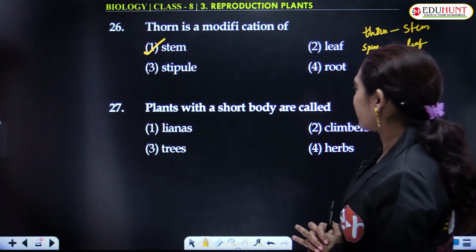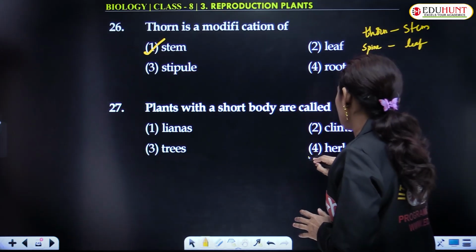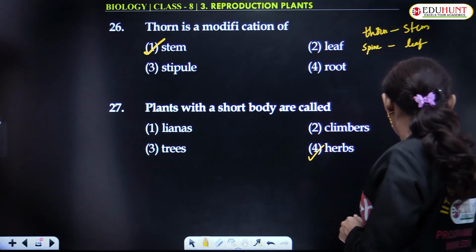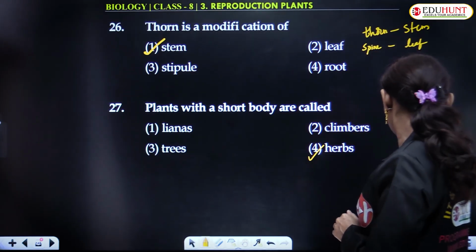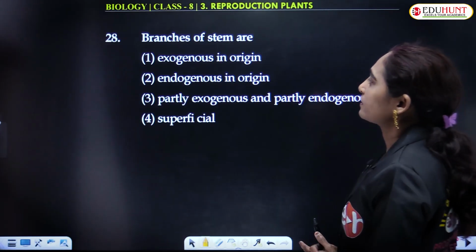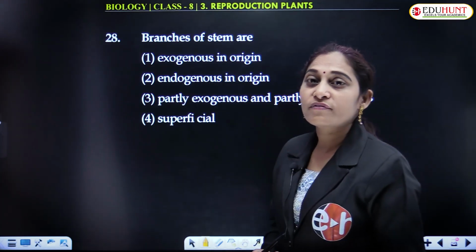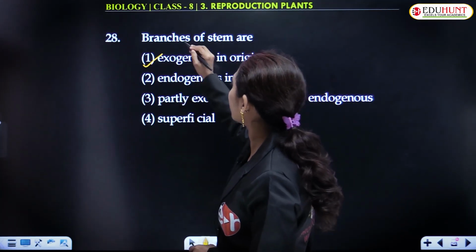Plants with a short body are usually herbs. Branches of stem, the origin of these branches are exogenous.